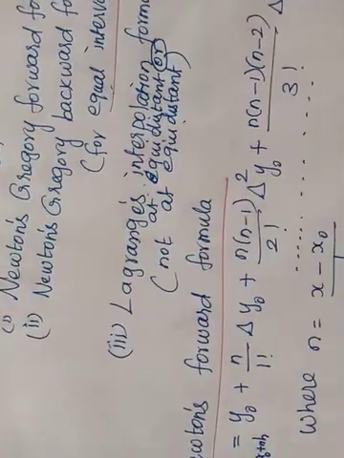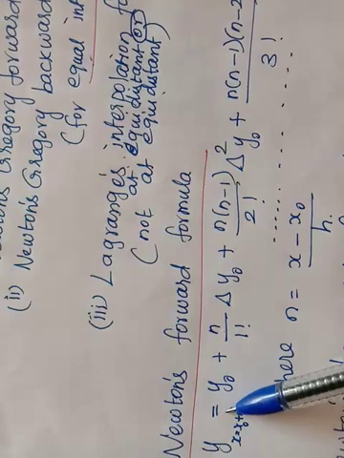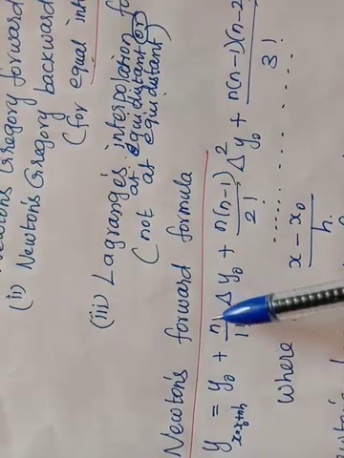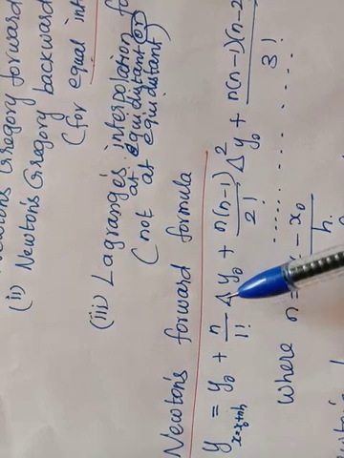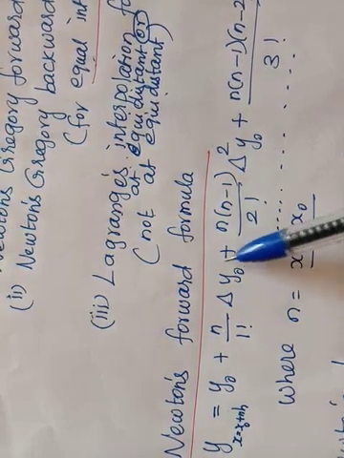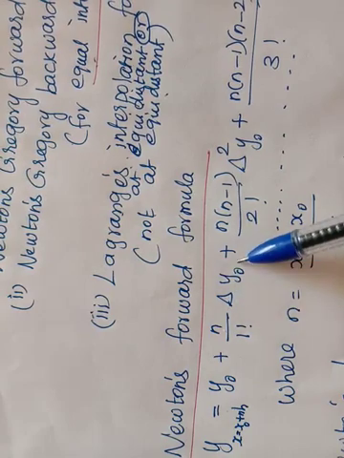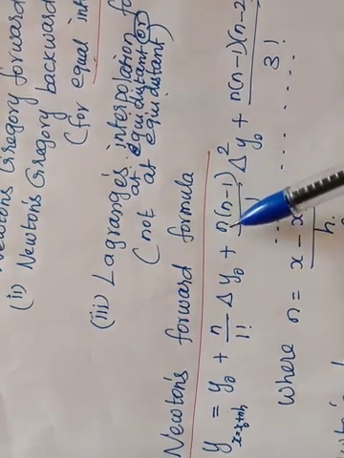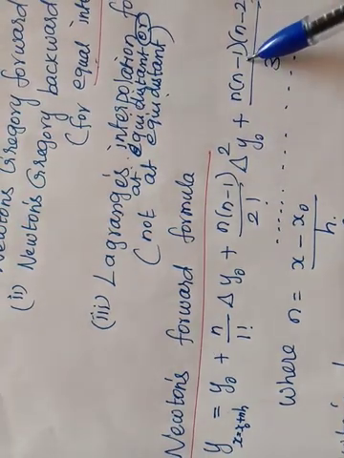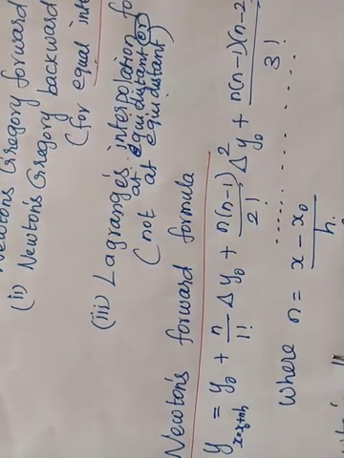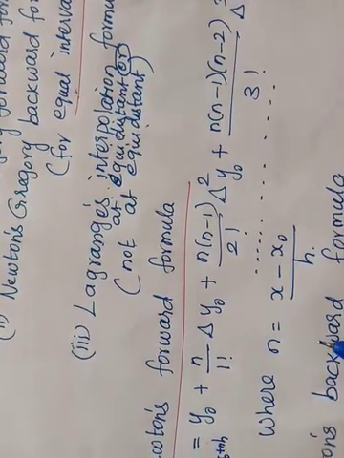Here I am going to explain the formulas. Newton's forward formula: y equal to y0 plus n by 1 factorial delta y0. The forward difference table, where I explained to you how to calculate delta y0. Then n into n minus 1 by 2 factorial del squared y0, n into n minus 1 into n minus 2 by 3 factorial del cube y0, plus etc. It goes on, as many terms as are given to you.